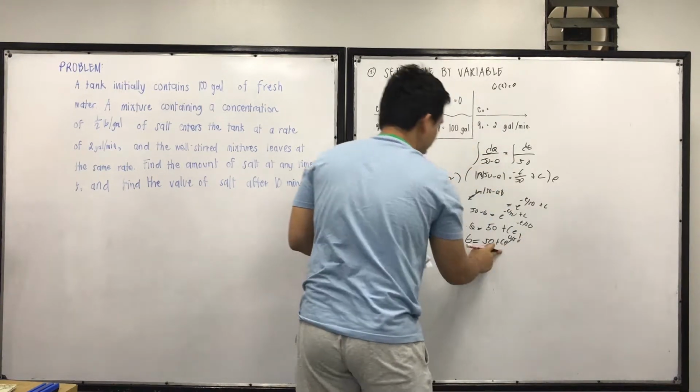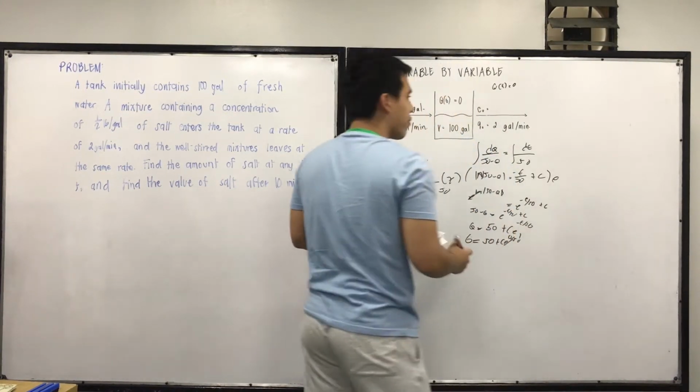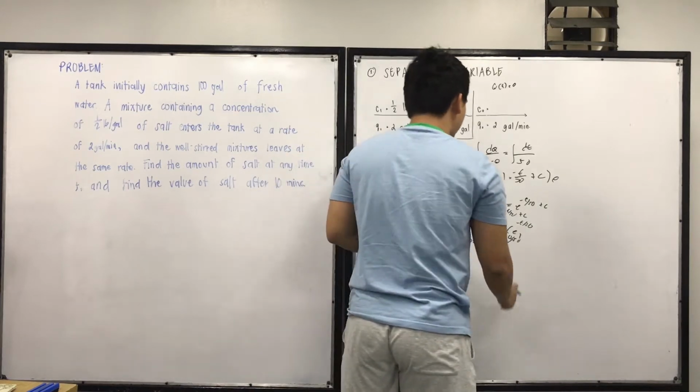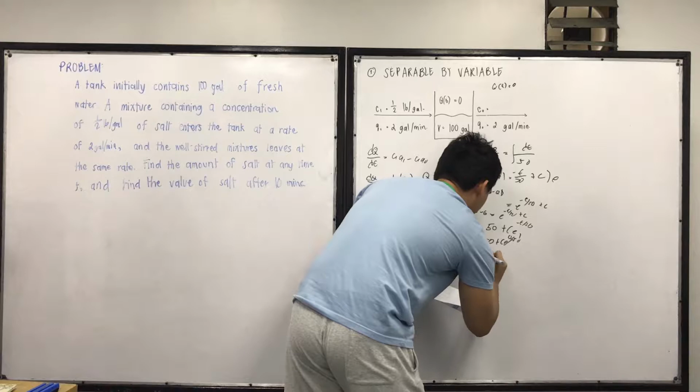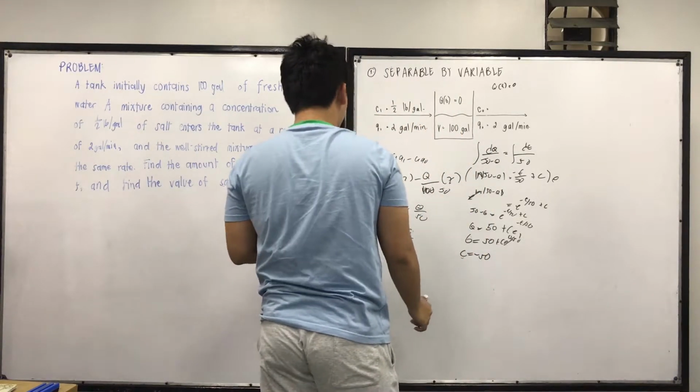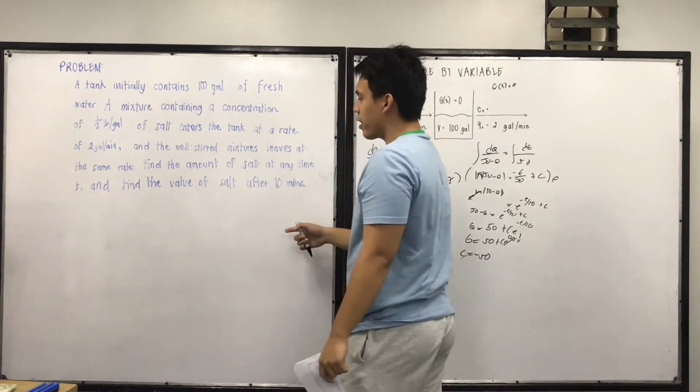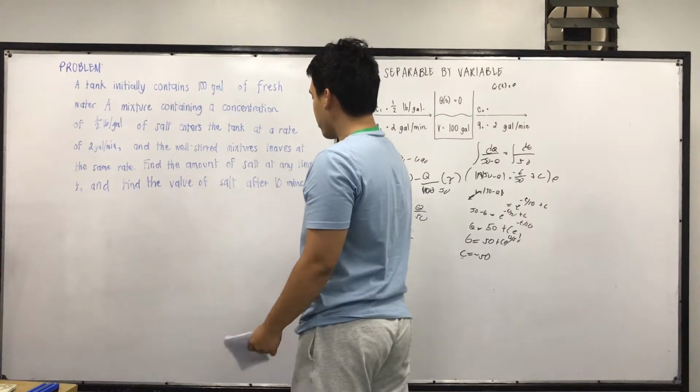So you get the solution C equals -50. Now, find the value of salt after 10 minutes.